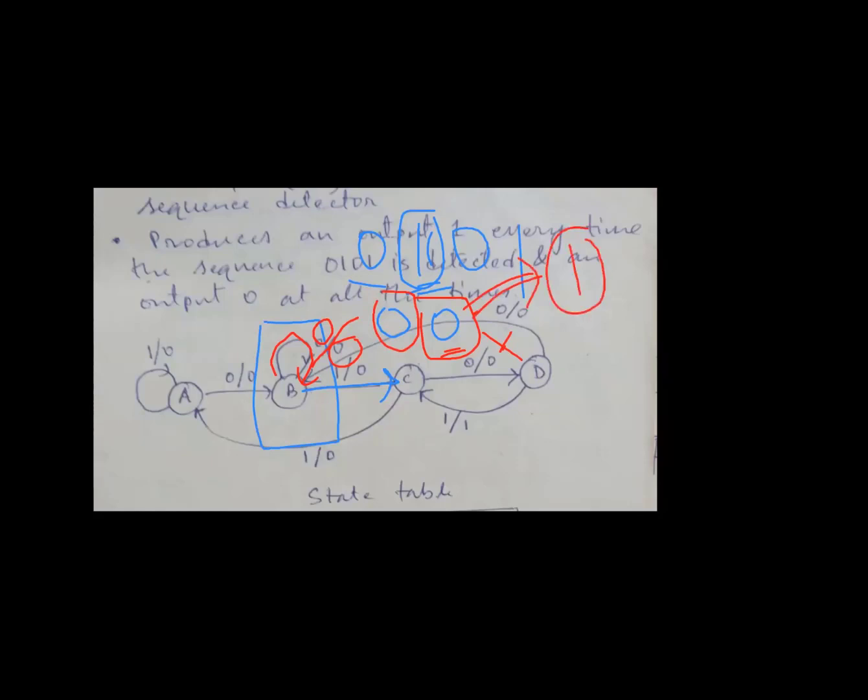Since 1 is emitting from B, we simply stay over B. Because after this 0, when a 1 appears, then we may proceed further. So for this second 0 we stay over B.